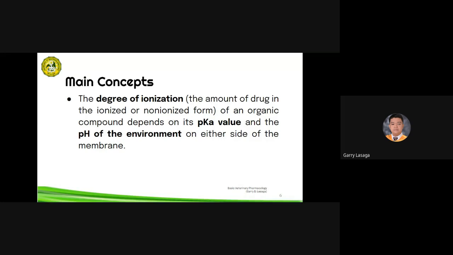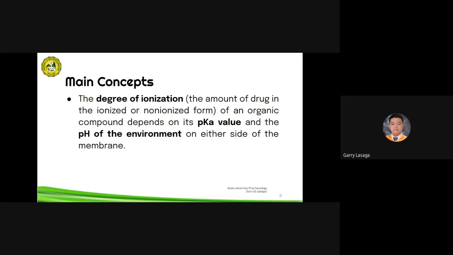For weak acids and weak bases, one determinant of the degree of ionization is the pH of the environment.